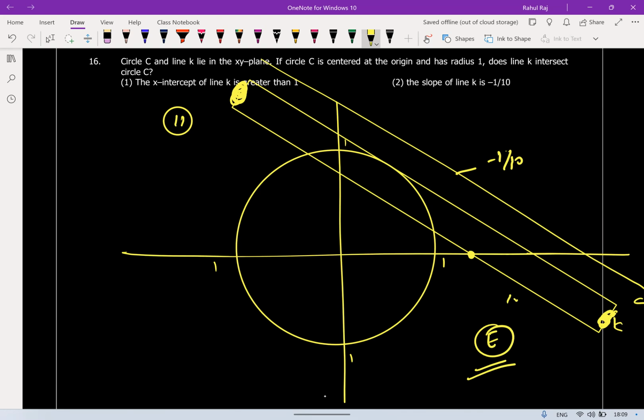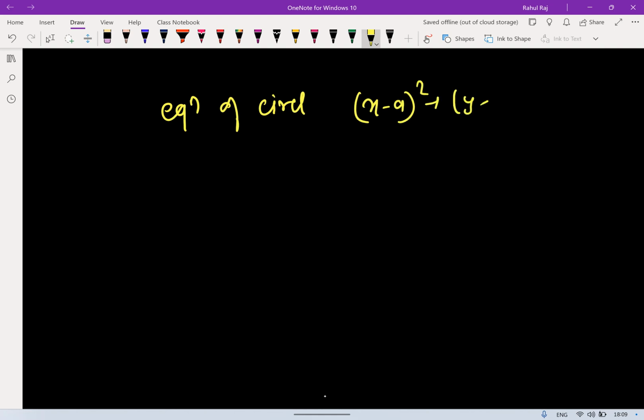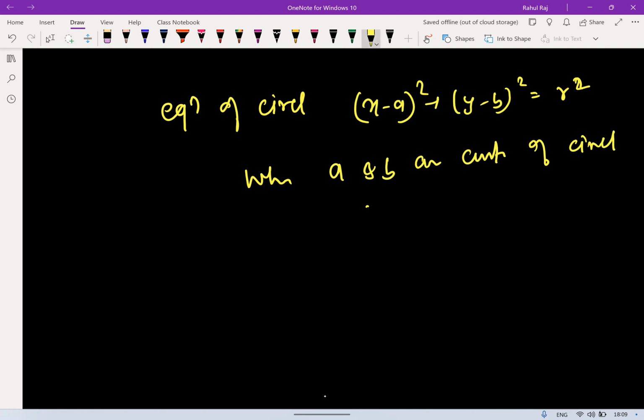What is the equation of a circle? The equation of a circle is given by (x minus a) whole square plus (y minus b) whole square is equal to r square, where a and b are the center of the circle and r is the radius.